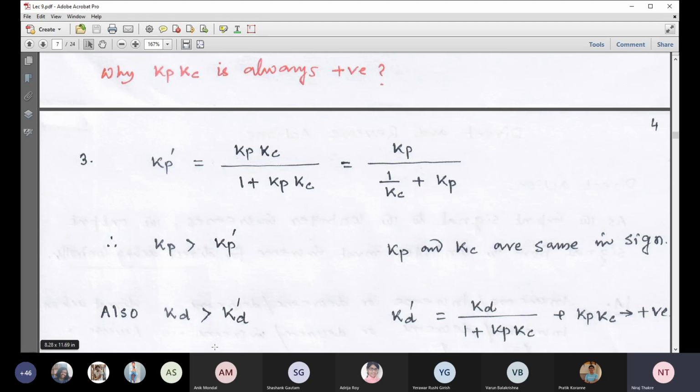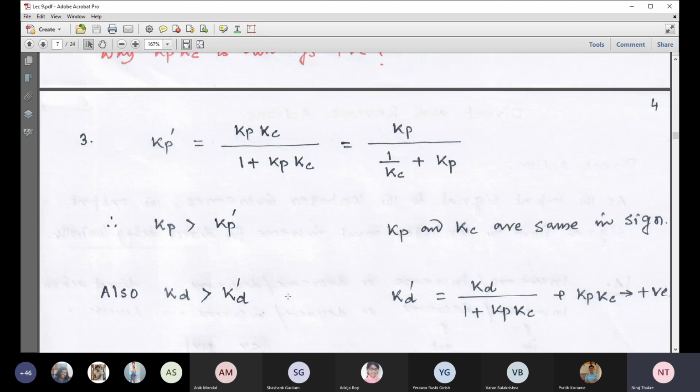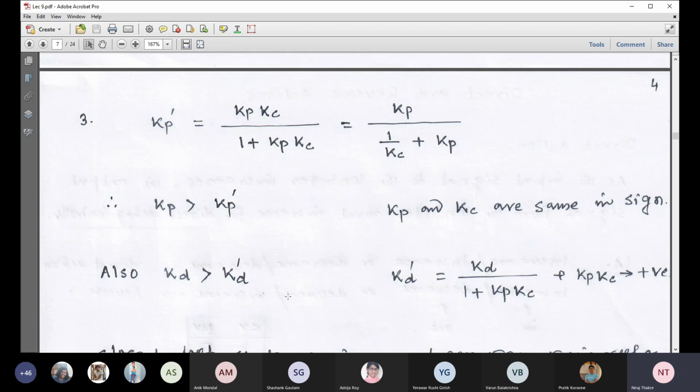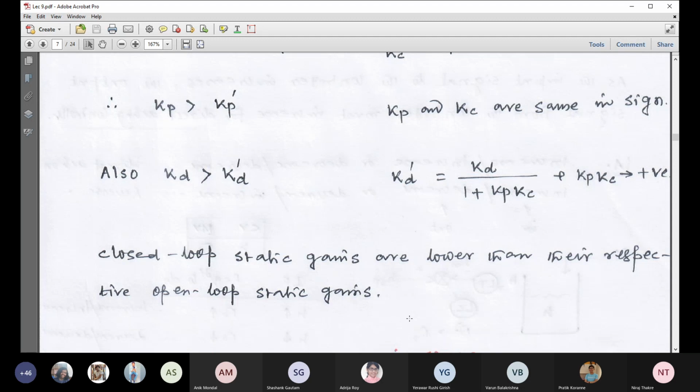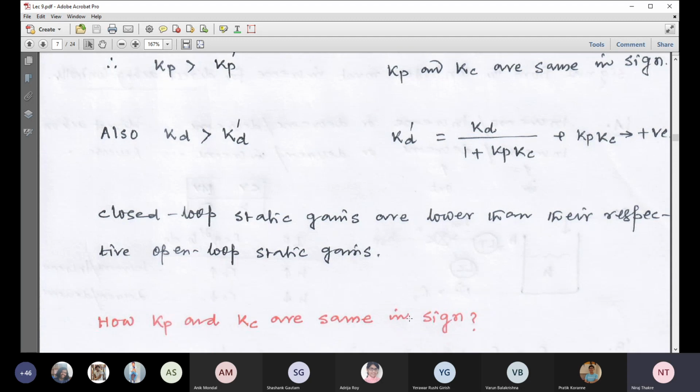In fact, related to this, I'll show you the graphical representation. So again, this is the second question. I have written KP and KC, they are same in sign. Now this is the second question, you have to find the answer. If you do not get it, let me know.